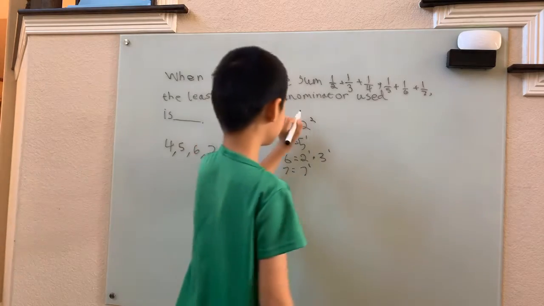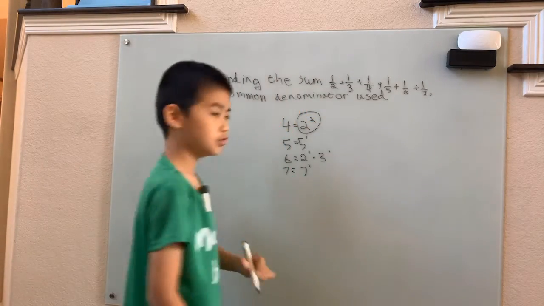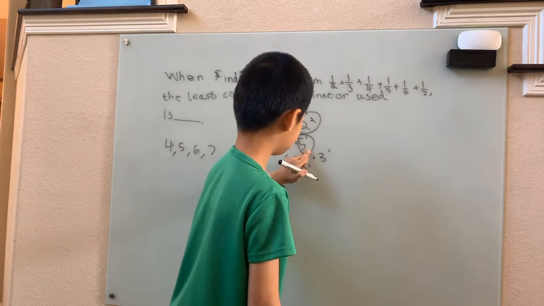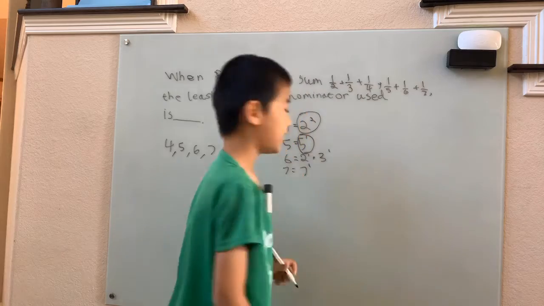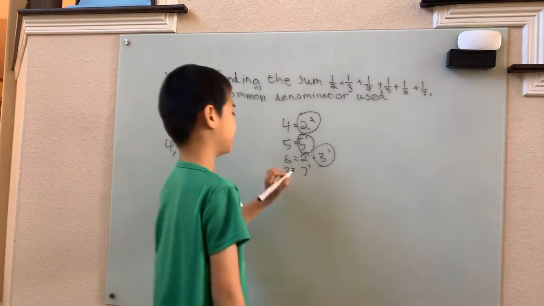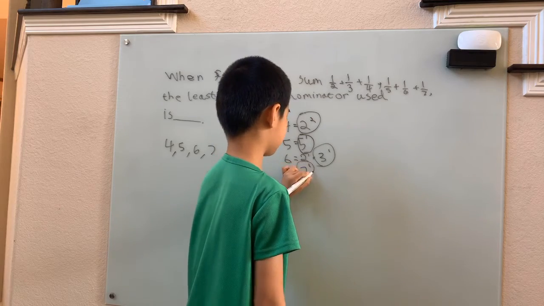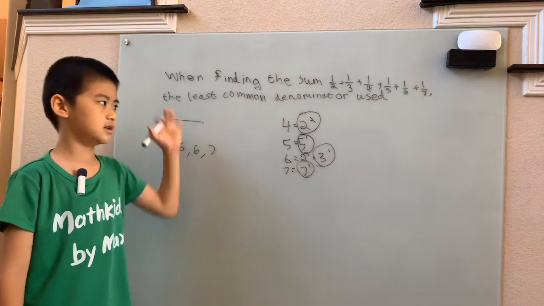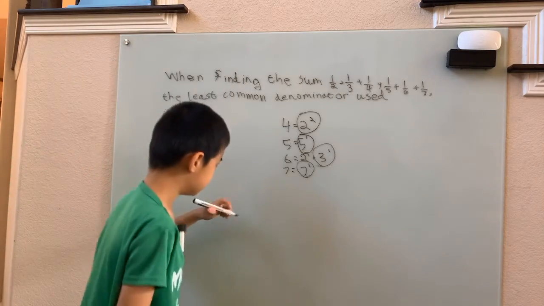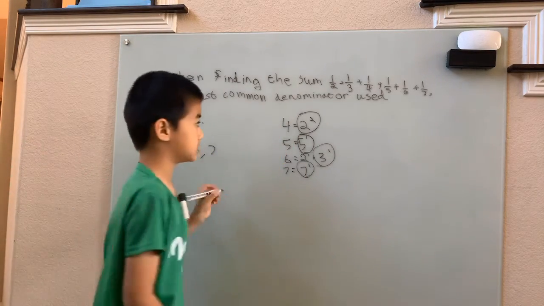So, highest factor of 2, highest factor of 5, highest factor of 3, highest factor of 7. Now I can multiply them: 2 squared, that's 4.